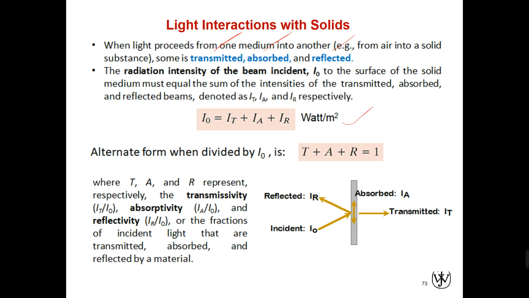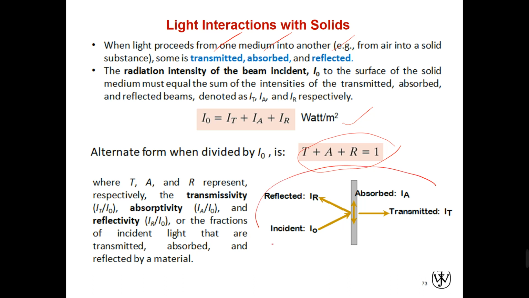In alternate form, when divided by I0, you get 1 is equal to T plus A plus R, where T, A, and R represent respectively the transmissivity, absorptivity, and reflectivity, or the fractions of incident light that are transmitted, absorbed, and reflected by a material.